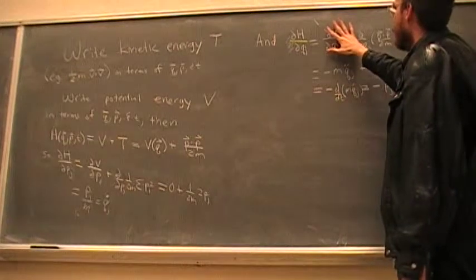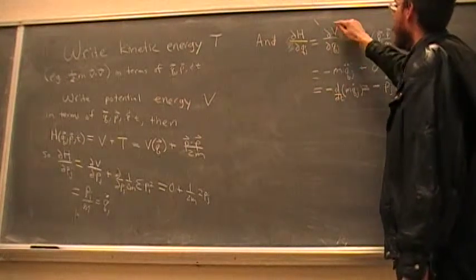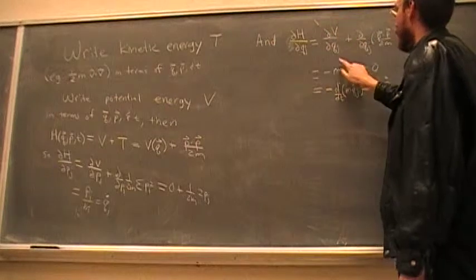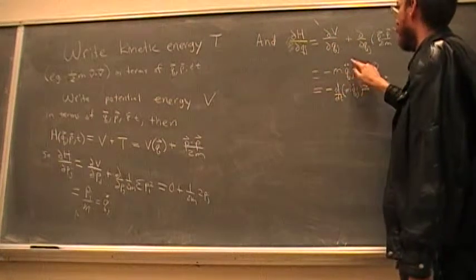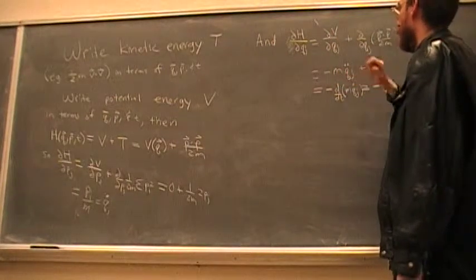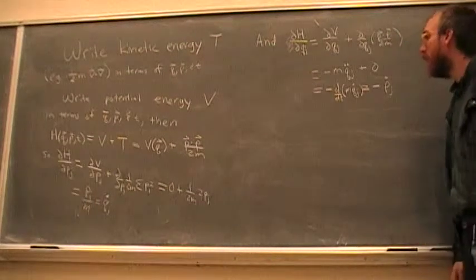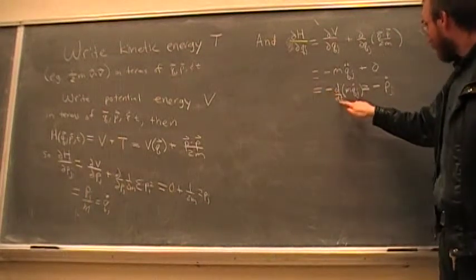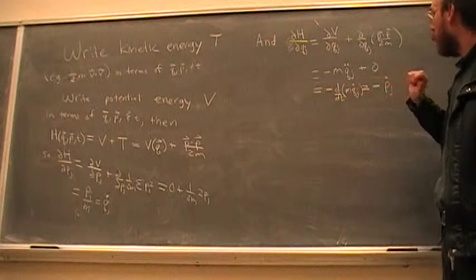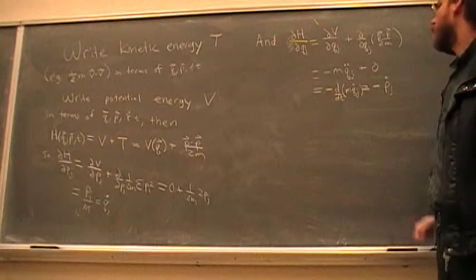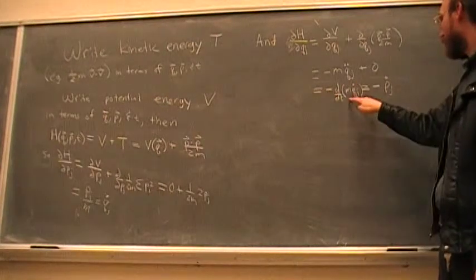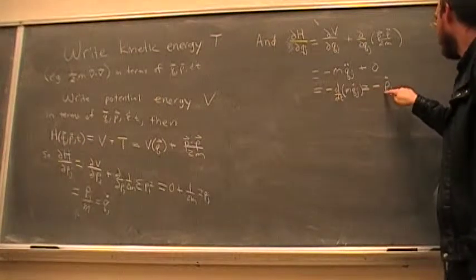The negative of the gradient of this is going to be the force, so the jth component of the gradient is this, so that's the jth component of the force, so that's mass times the jth component of the acceleration. So we get negative total time derivative of m times 1 derivative of the generalized coordinate. That's just momentum, so we get negative of p dot.